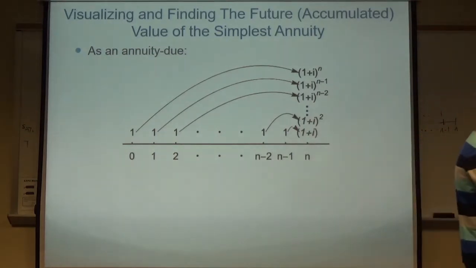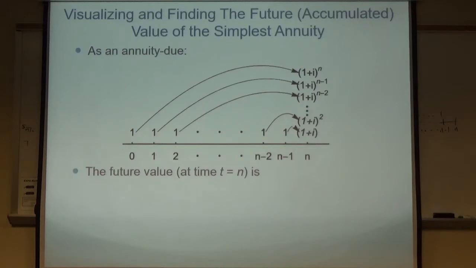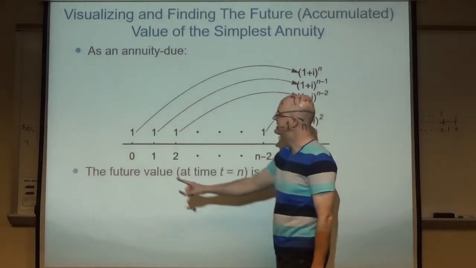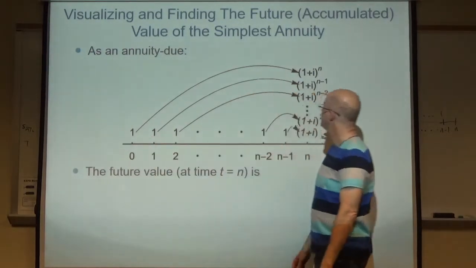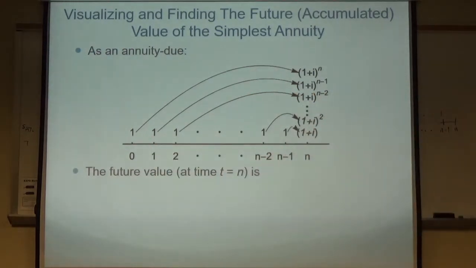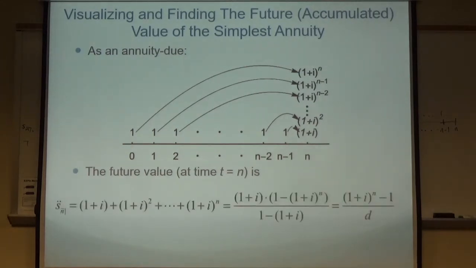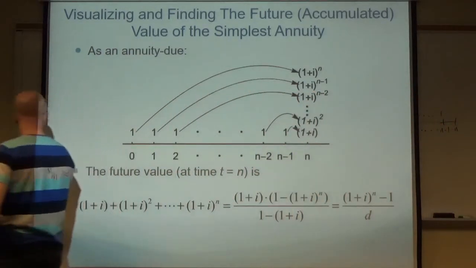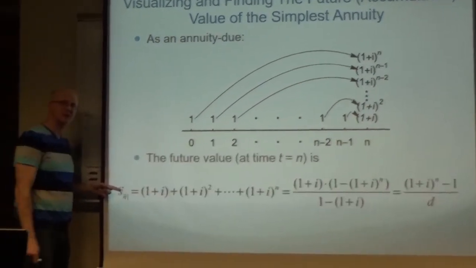Once again, the future value is the sum of these things, and they form a geometric series. The future value at time n. Here I am writing the annuity due in the more typical way, starting at time 0, and thinking of these payments as being at the beginning of each period. Once again, a geometric series. You've got the s symbol here with double dots above it for annuities due.